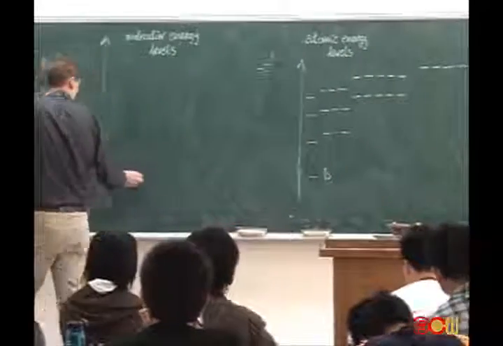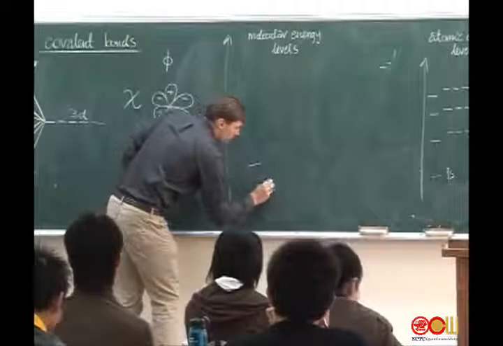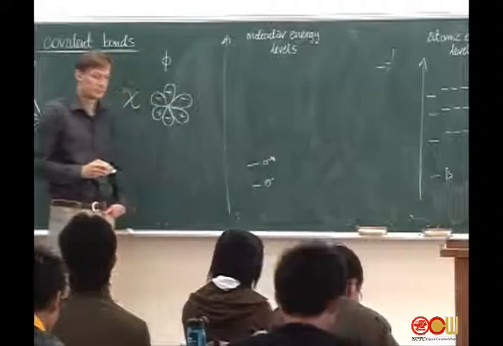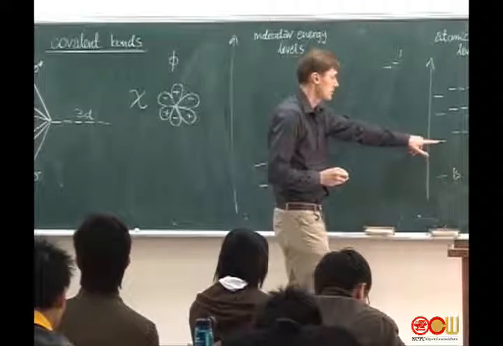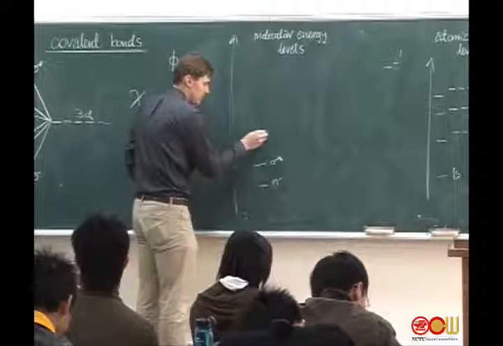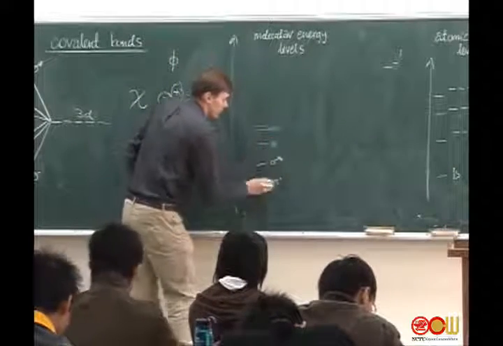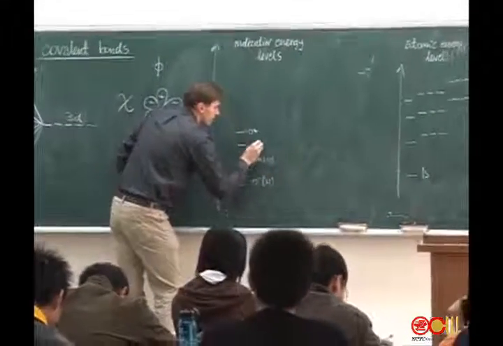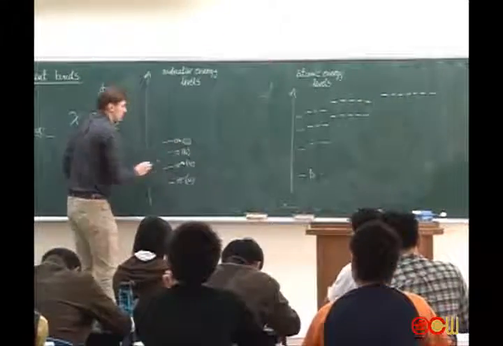I'm coming to the same region and I'm going down and I'm going up, putting sigma and sigma antibonding. Now I'm coming to 2s. 2s again should be here, but I have the splitting into sigma and sigma antibonding. This is originating from 1s. This is originating from 1s. This is originating from 2s. And this is also from 2s.